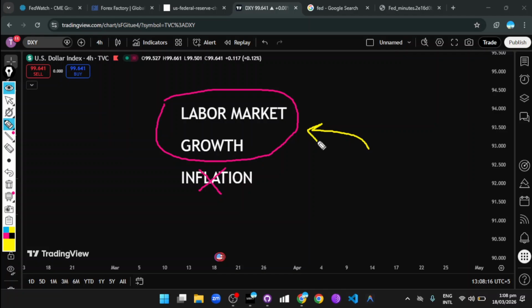If he is more aligned towards the labor market and the growth, then it means he is a dove and he is looking to reduce the interest rates in the future if the labor market and the economy keep on slowing down.